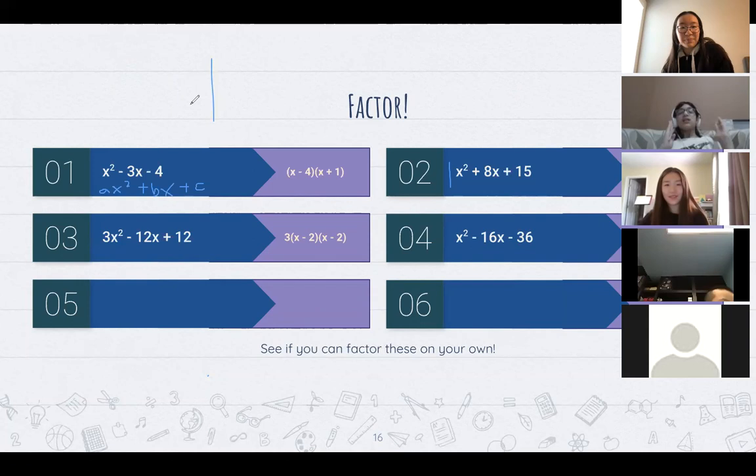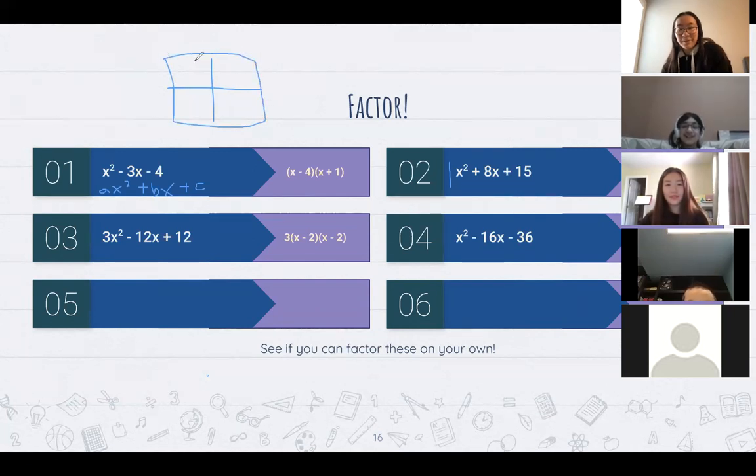Yeah. Oh, okay. So this is my very nice box, and mine's actually a box, not like a plus sign. So we have this, right? I'm going to write out the A, B, C form, like ax squared plus bx plus c.